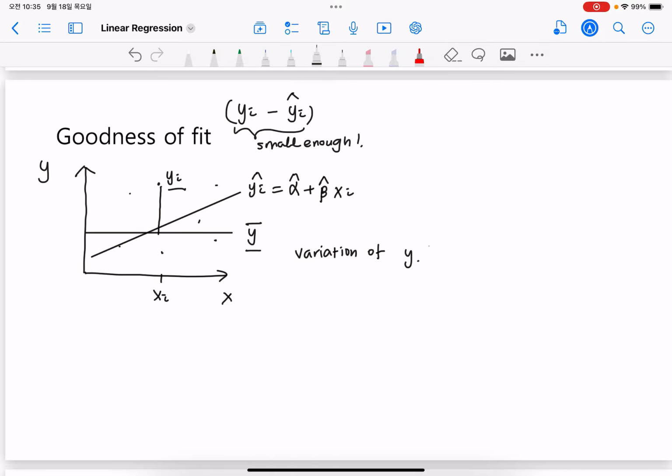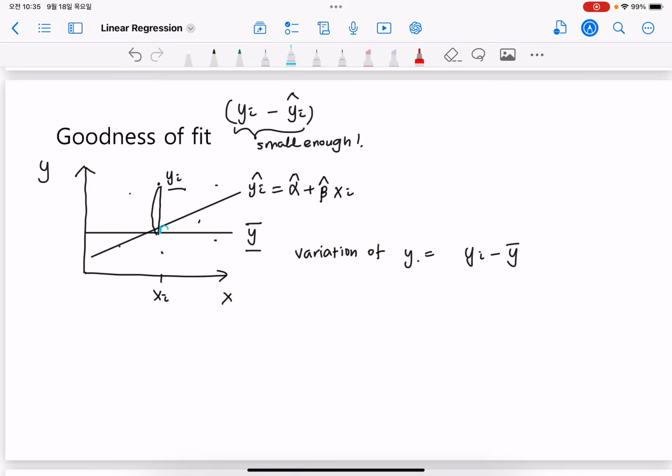So how much does y vary with respect to the average of y? So this yi minus y bar expresses the variation of y. Okay, so this right here. And out of this, we want to understand how much the OLS regression model can explain the variation. And actually, that variation is this part right here.